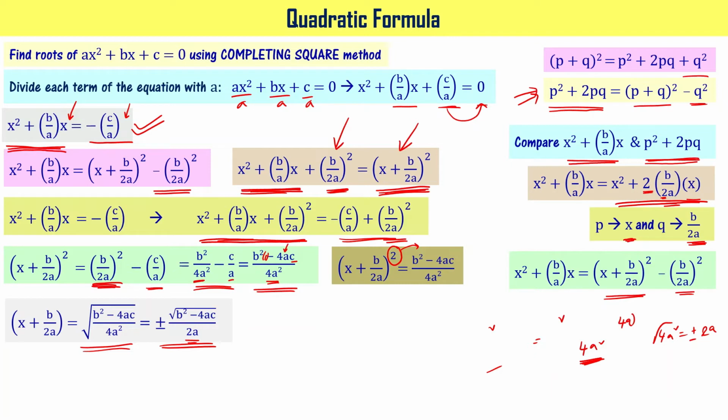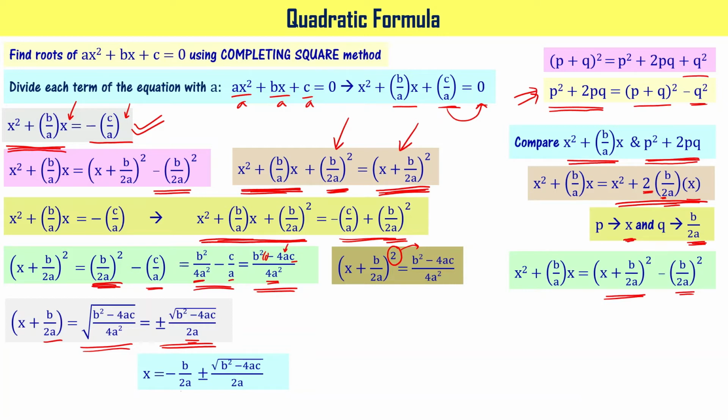So we can further simplify this. For that, what I'm going to do is transpose b by 2a from this side to the other side. When I do that, I can write the equation as x equal to minus b by 2a plus or minus square root of b square minus 4ac divided by 2a, right?